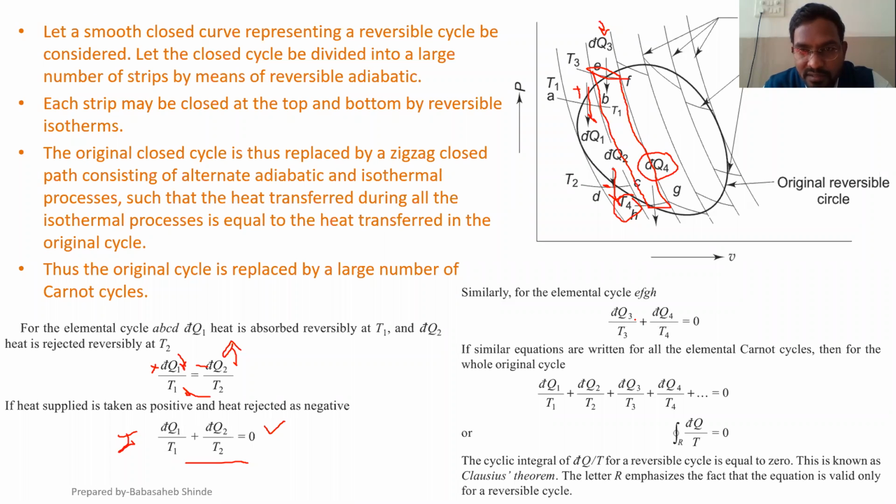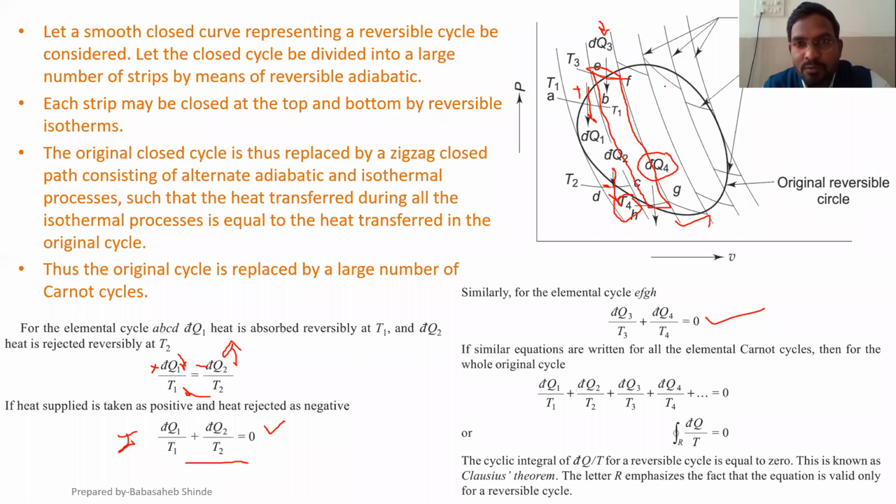So I can write dq3 by T3 plus dq4 by T4 is equal to 0, just like the first one, where dq1 was heat entering at T1 and dq2 heat leaving at T2, giving dq1 by T1 plus dq2 by T2 equals 0. I can write that, right?